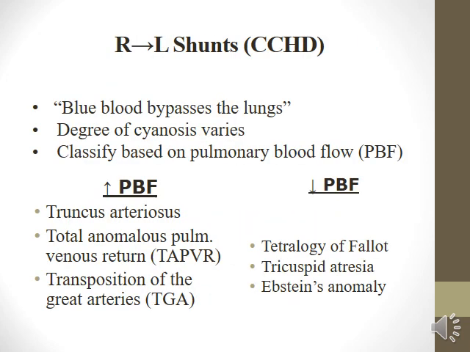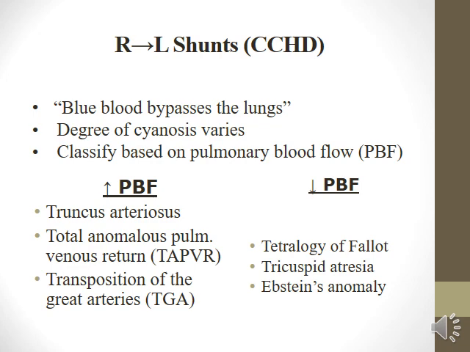Right to left shunt, cyanotic congenital heart disease. Blue blood bypasses the lungs because there is shunting from the right side to the left side. Deoxygenated blood goes from the right atrium to the left atrium, or maybe at the level of the PDA also.